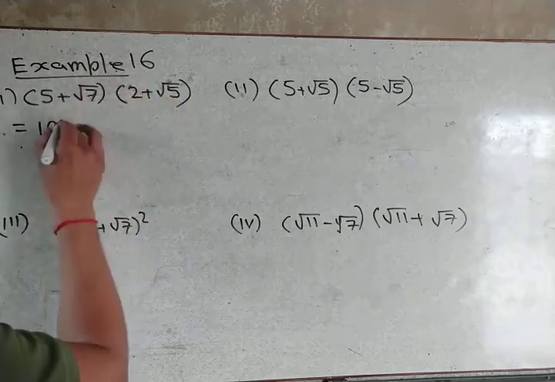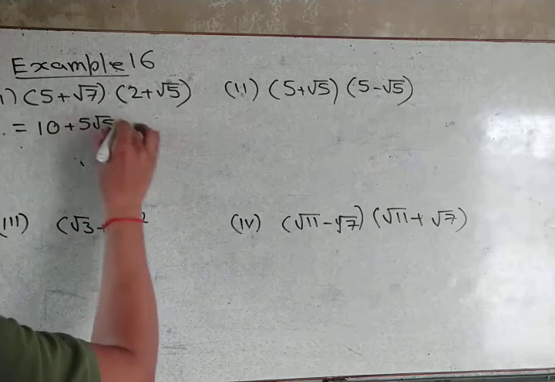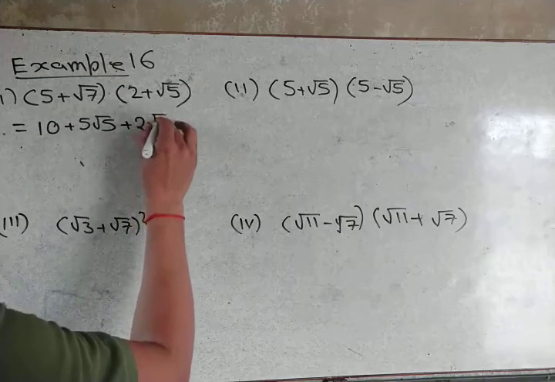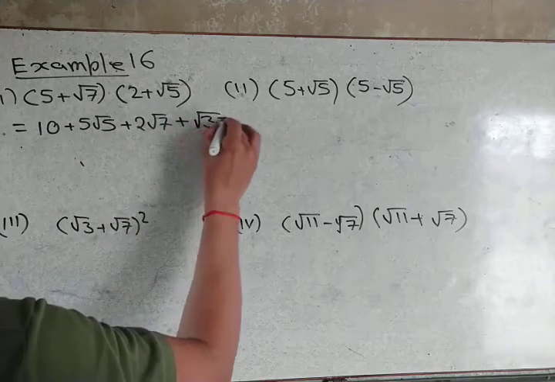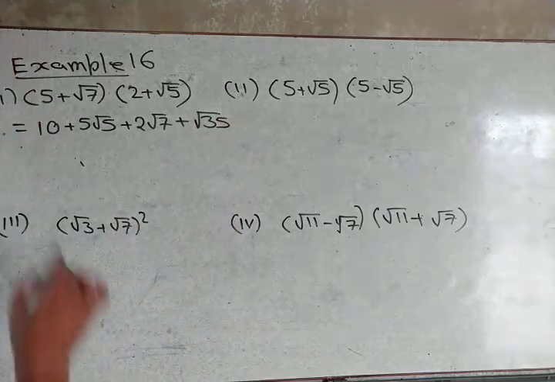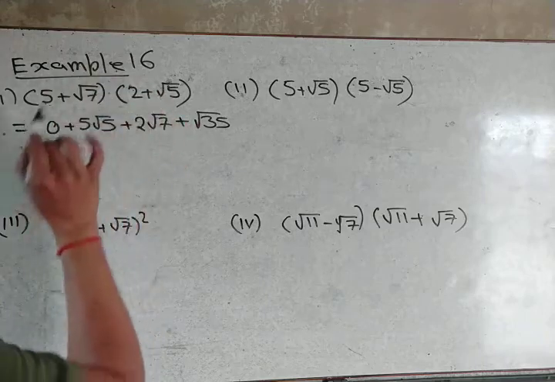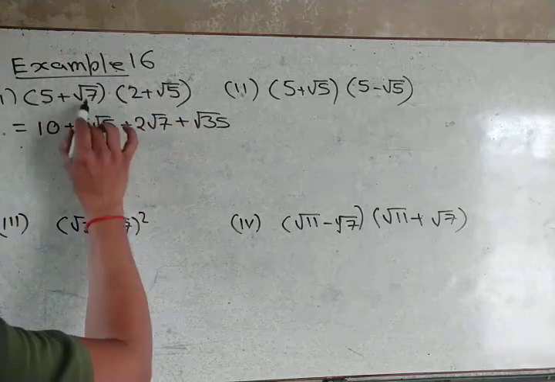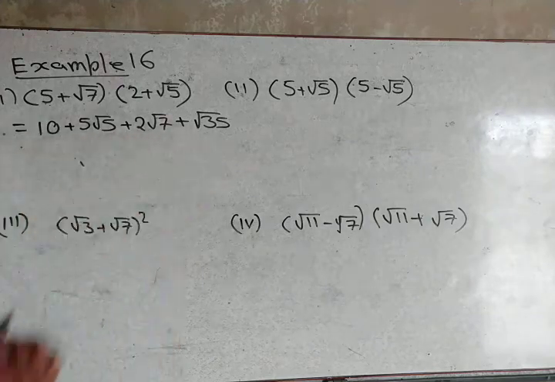This 5 is multiplied with this, then 5 root 5, 2 root 7 and root 35. Again I am telling you, this is multiplied by this, and this is multiplied by this, and this is multiplied by this, and this is multiplied by this. Okay, the answer will be this.